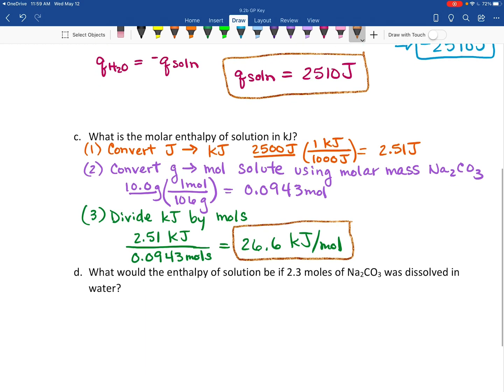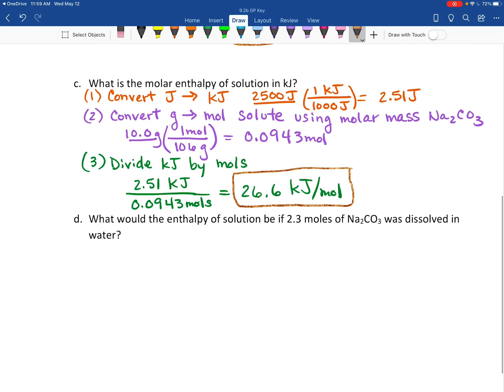The nice thing about having molar enthalpy is that no matter what, we always know the value per mole. So if we were given something like part D that says, now you have 2.3 moles, how much enthalpy would that be? Now we can just do a quick conversion. We start off with our 2.3 moles. If we were given grams, we would again use molar mass to convert from grams to moles.